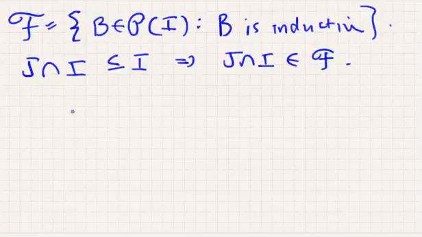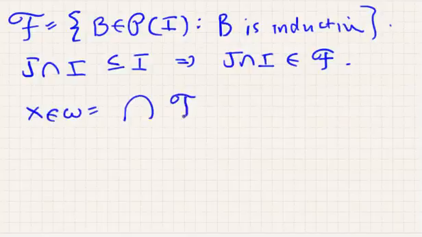Well, now we're almost done. So we know that x was in omega, which is equal to the intersection of F. What does this mean?